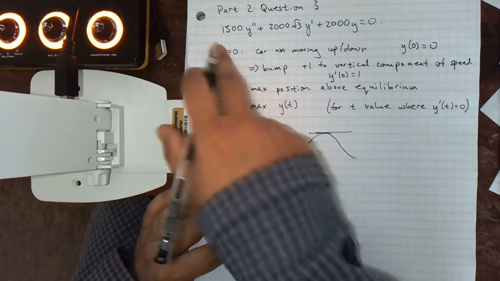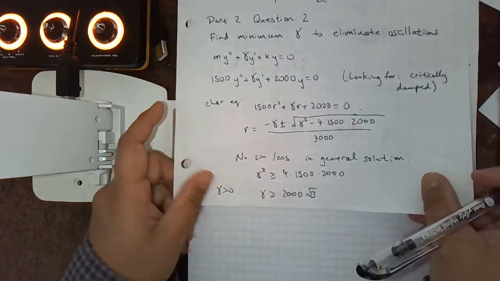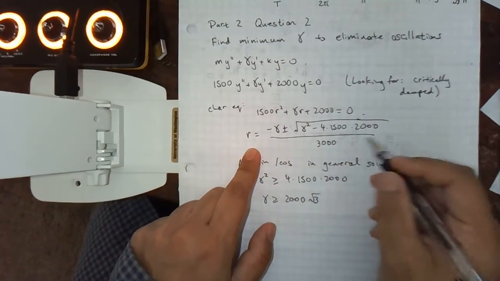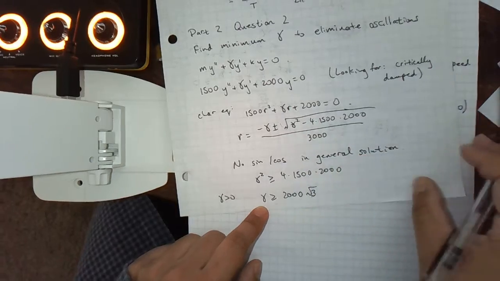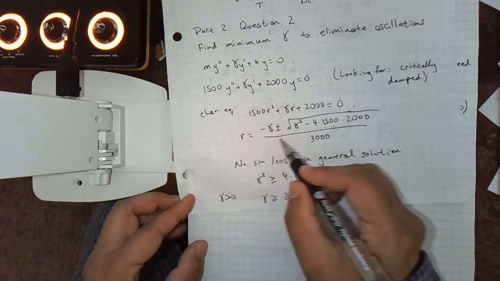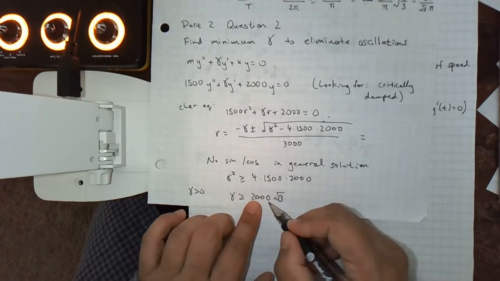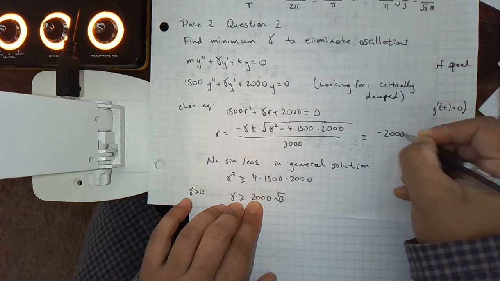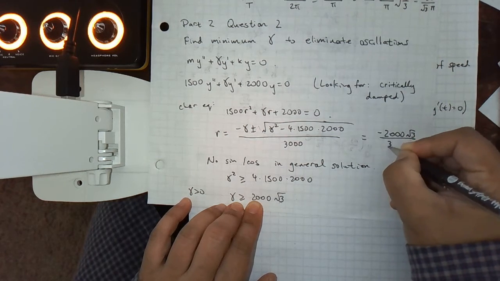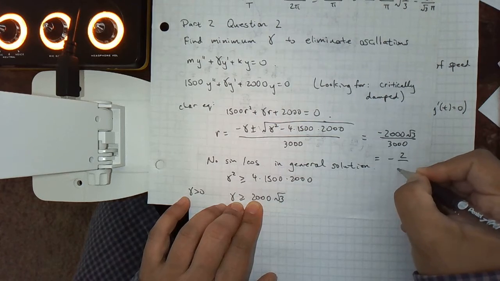First, we've got to solve this differential equation, and luckily we have some work from before that we can use. We already had the characteristic equation, and we already know that we found the gamma that made this thing 0. So really, we can just use this r, where this part is 0, gamma is 2000 root 3, so it's negative 2000 root 3 over 3000, which is going to be negative 2 over root 3.